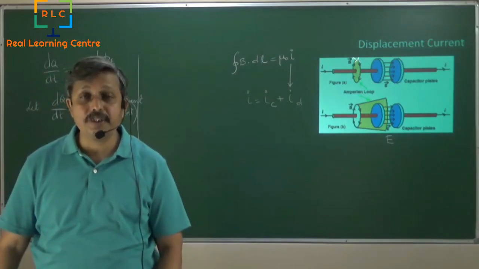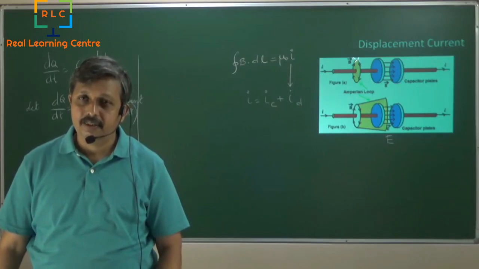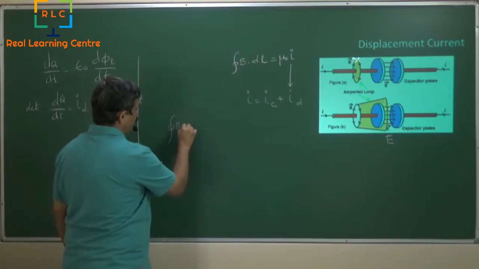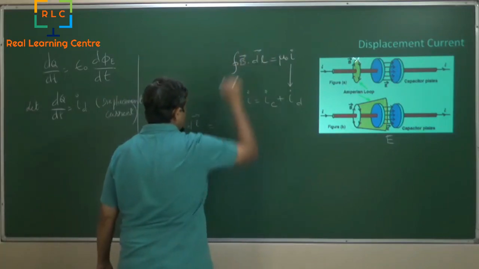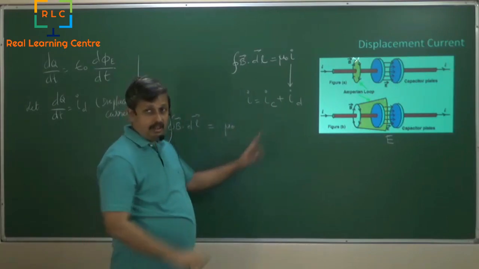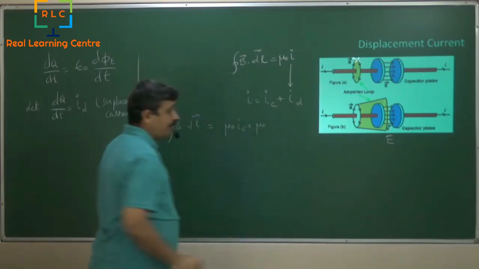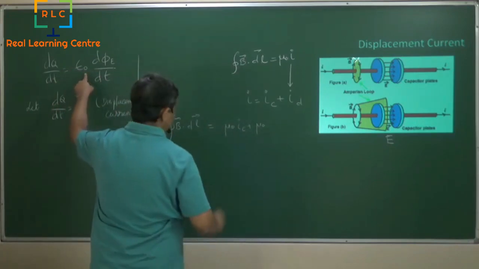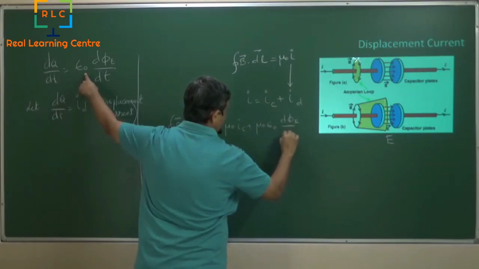The moment he says that, we can now write this B dot dl as mu naught into IC plus mu naught into ID. What is ID? ID is epsilon naught into d phi e by dt.